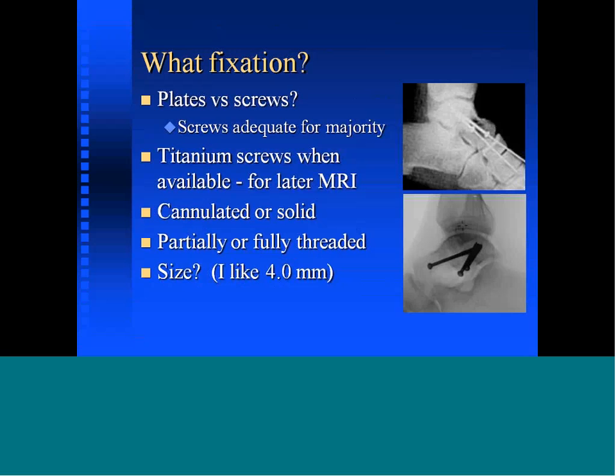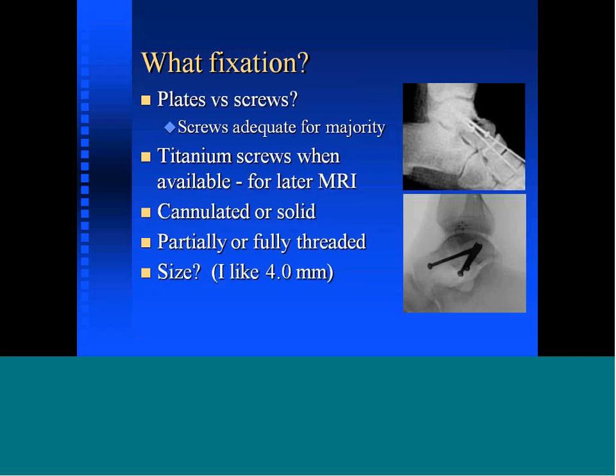What about fixation? Well, again, we talked about plates versus screws. I believe screws are adequate for the majority of these injuries, but remember that plates are available and recommended when you do have comminution, particularly along the medial aspect, and can be beneficial in avoiding varus malalignment. If you are going to use screws, I have gone to utilizing titanium screws just because of the possibility of developing osteonecrosis with these fractures.